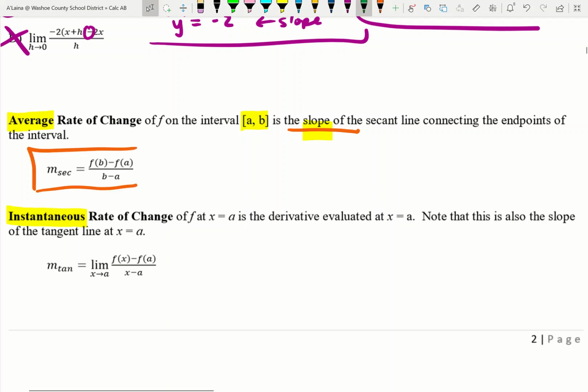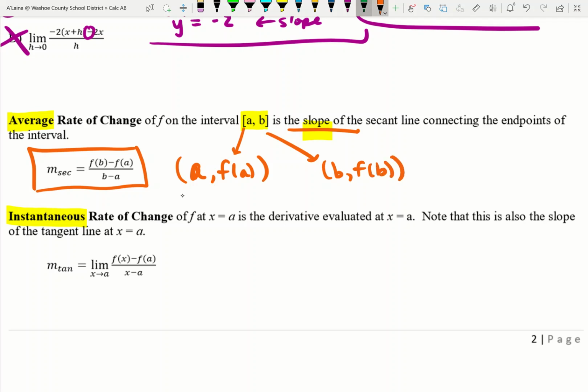And so, f of b minus f of a over b minus a, that is called the average rate of change. The first endpoint is the ordered pair a comma f of a, and the second ordered pair is b comma f of b, and then this is just a slope formula.